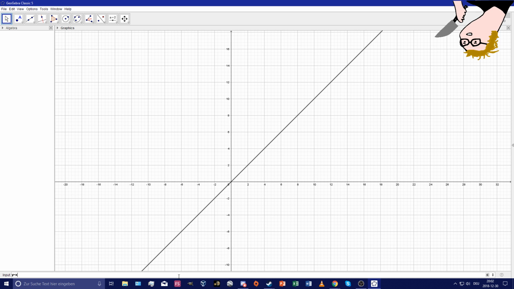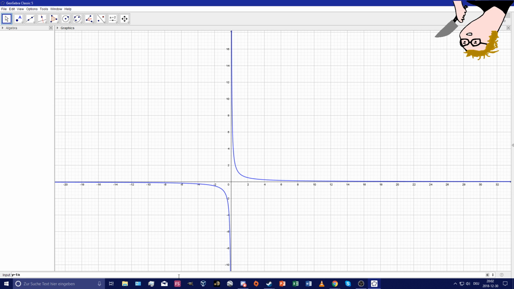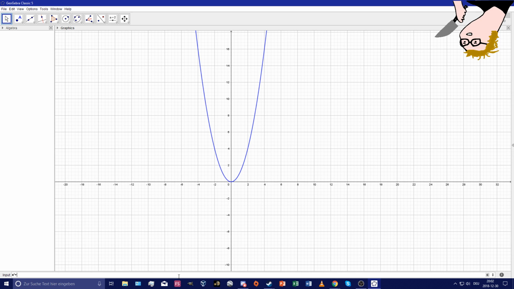Y equals X, obviously you'll get a straight line with the slope of 1, or Y equals 1 divided by X, in which you will get this hyperbola, or something like, for example, X squared plus Y squared equals 25, in which case you will get a circle with a radius 5. So the input line is actually quite a powerful tool. It's the one I'll be using the most during this live stream.